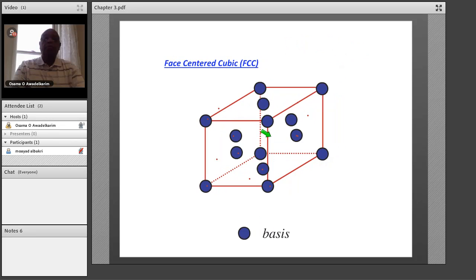And then we go to a more packed, more dense unit cell where you can see in this drawing you have something like 14 atoms. So all of these structures are cubic, but they are slightly different in the number of lattice points, and therefore the number of atoms per unit cell.